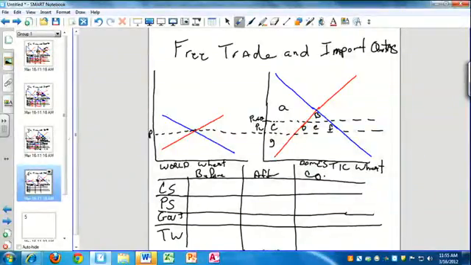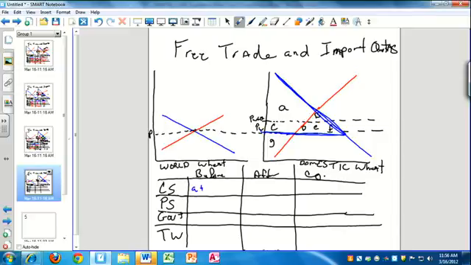So, let's do the consumer producer surplus. First off, we're looking at it from the point of view of trading. So you have the world price, and that's what we're using as a price. Consumer surplus, again, everything above the price the consumer's paying, which is the world price, to the left of the quantity they're demanding, which gives you what?